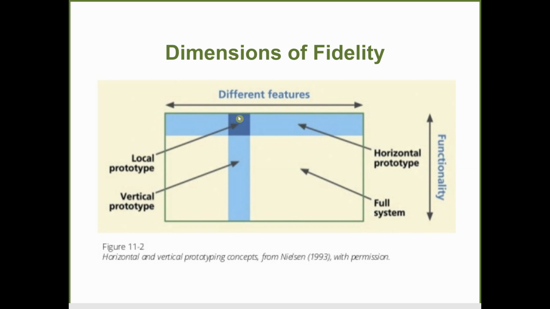But as you start going along this axis, it means that you're adding more and more features to your prototype. At any point, you can start going down the axis to increase the functionality of any of the features. For example, at this stage, you might not have all the features that the system is supposed to have, but you can start testing out the functionality of those features at various fidelity levels.